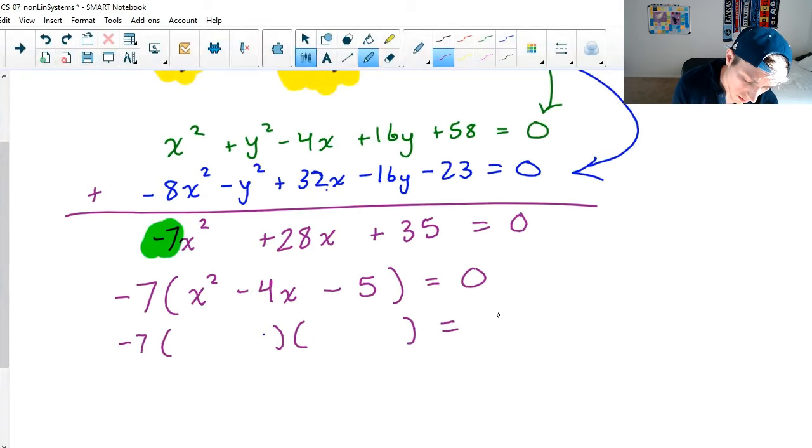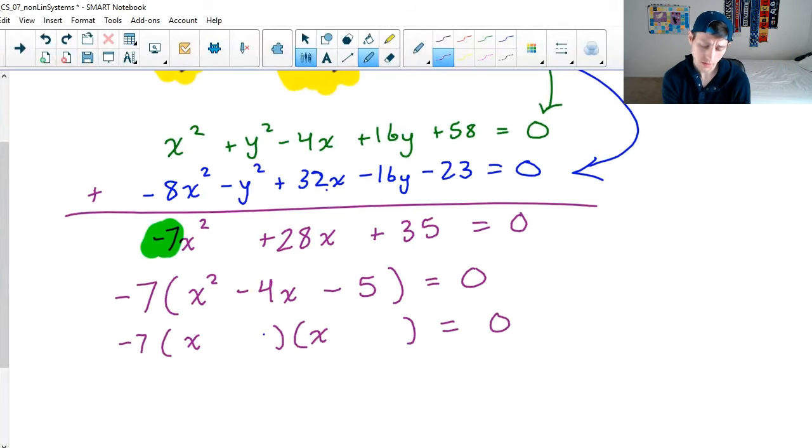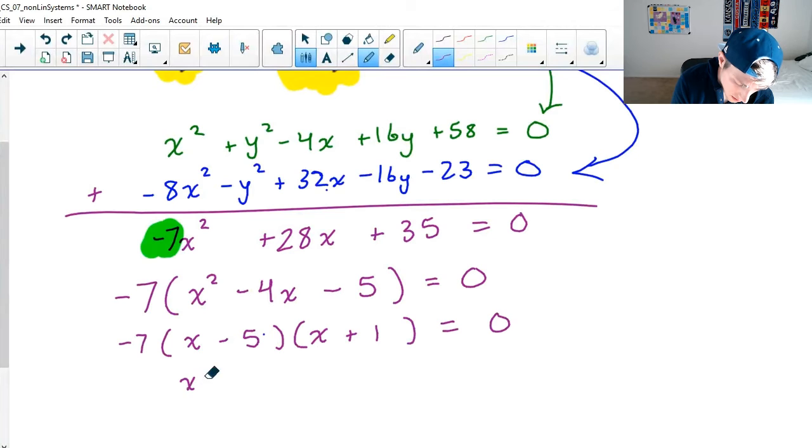Hopefully we can factor. All right, I know this will be my general setup for what I need to do. Two numbers that multiply together to make -5, but add together to make -4. -5 and +1. Set each factor equal to 0.